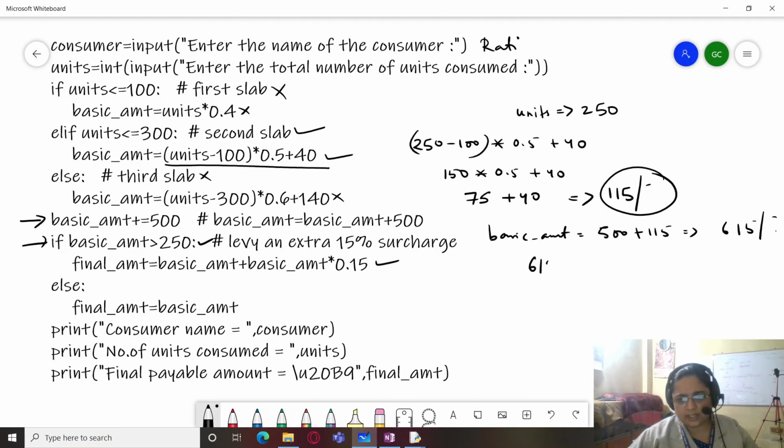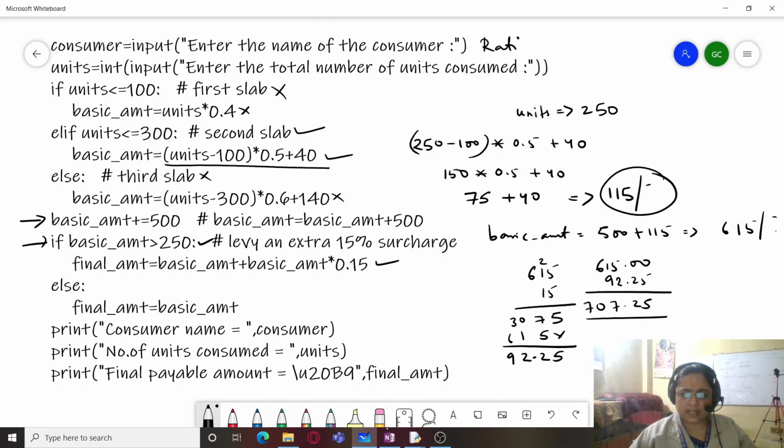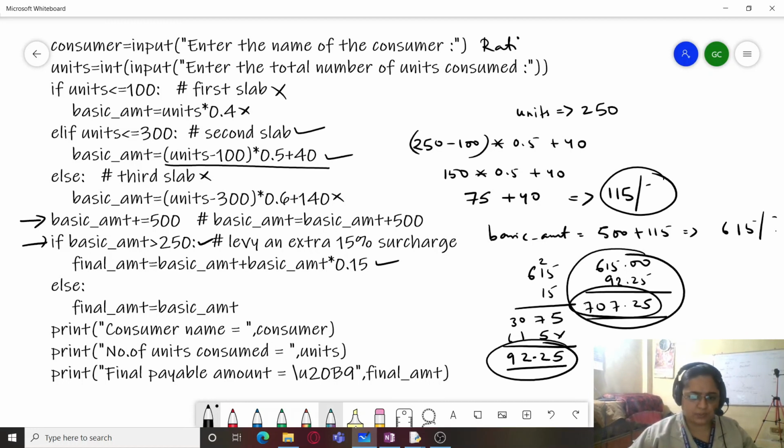So let's calculate a 15% surcharge on it. So you can see it over here that it is 92.25. That is my extra surcharge, which once I add to this amount, I will get 707.25, which is my final amount.